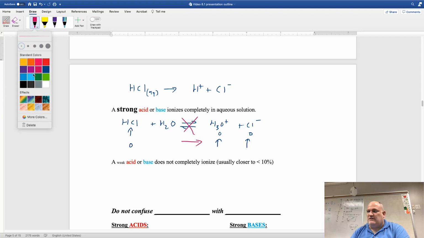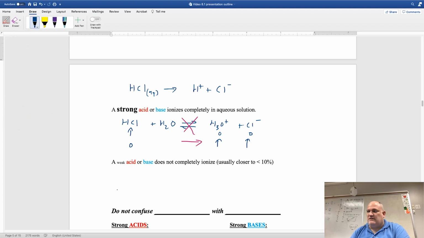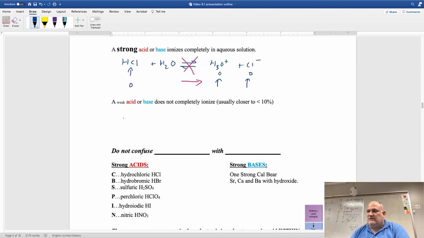Conversely, what happens when we deal with a weak acid? Well, let's just do our weak acid of HA, our mystery A there, and we throw that into water. Again, what's going to be formed on the other side? It's going to be H3O plus and the anion, which is A minus.